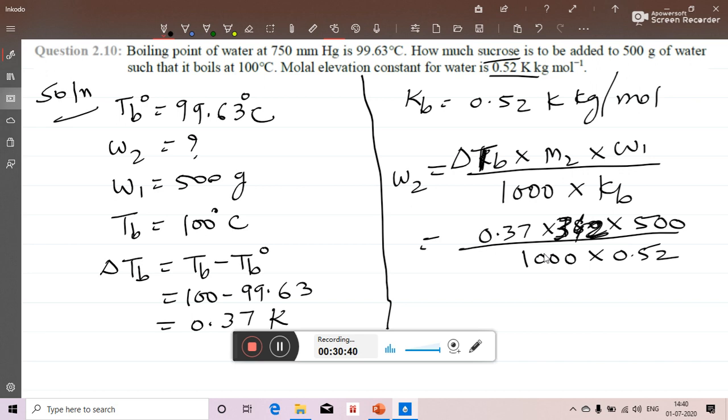So 0.37 into 342 into 500 upon 1000 into 0.52. So our final answer of the weight of solute is 121.67 gram.